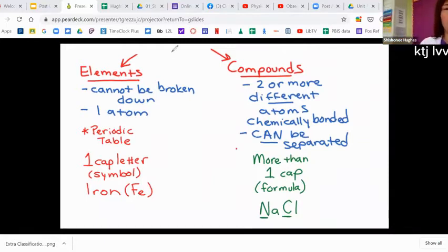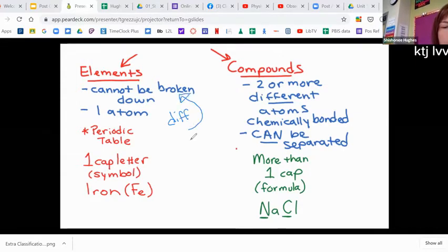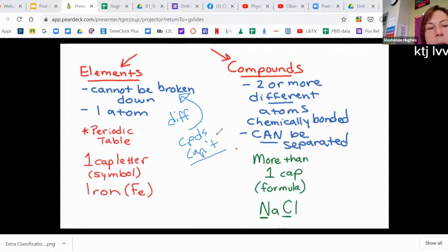There we go. So elements cannot be broken down, and compounds can. So I would make that statement: elements cannot be broken down, which is different than compounds can be broken down, okay?